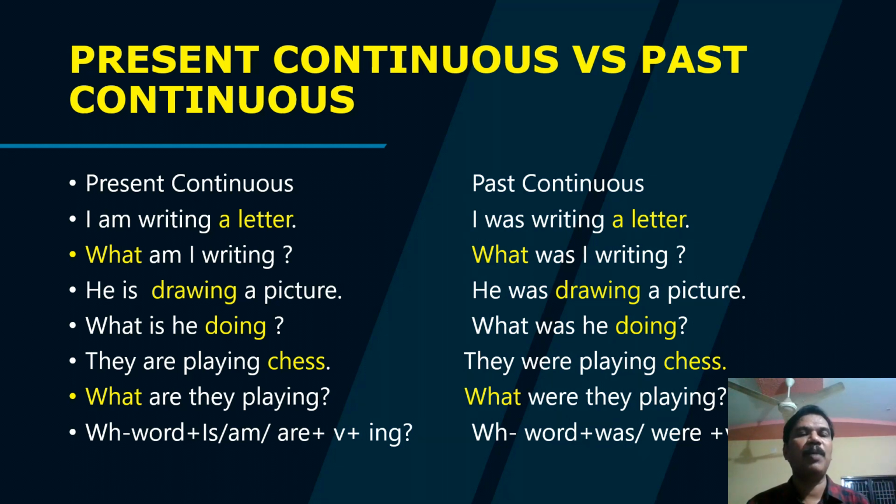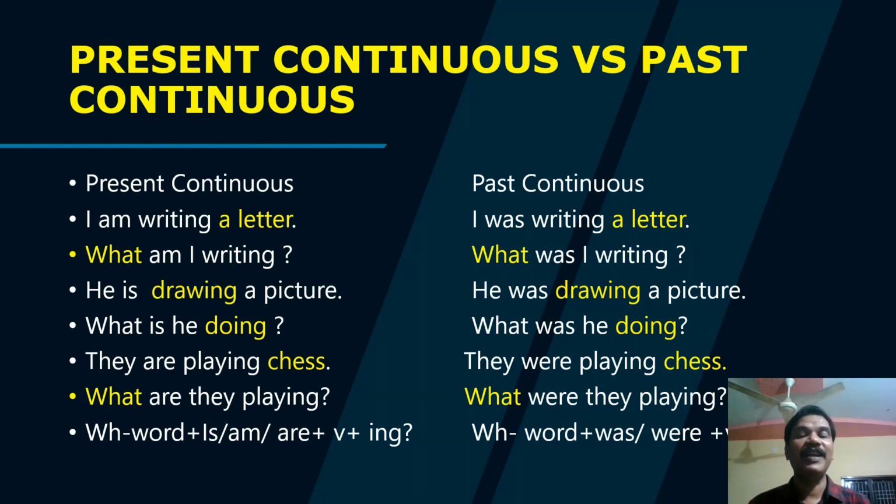Observe carefully. Am. Writing a letter. A letter is an object, therefore what? Only for simple present and simple past we need to supply do, does, did. All the remaining tenses you can easily change because the sentence is ready with the helping verb and main verb.